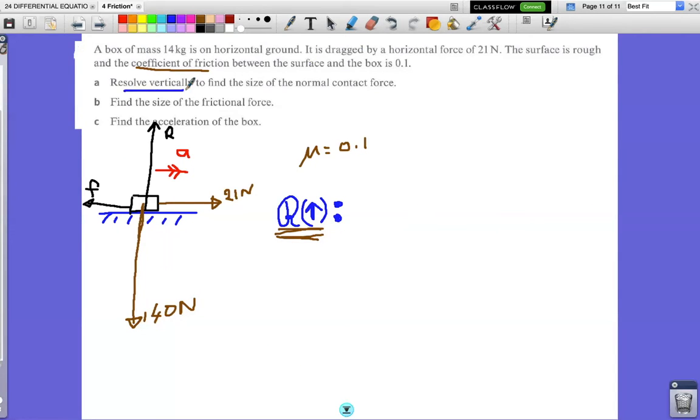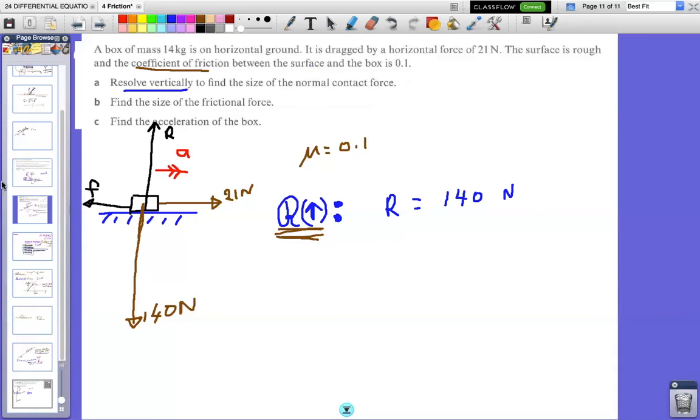So resolve vertically, we see that there is no acceleration vertically, so R must be equal to 140 newtons. Second, find the size of the frictional force.